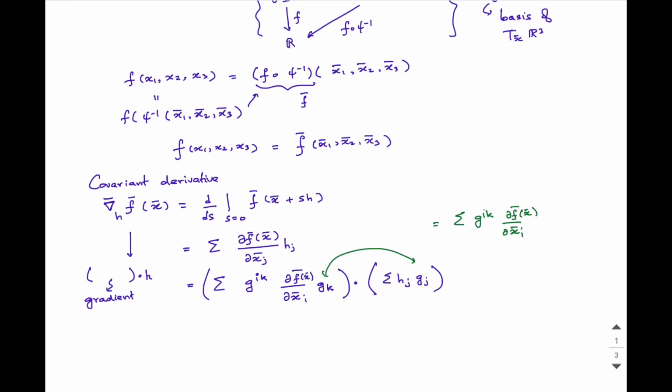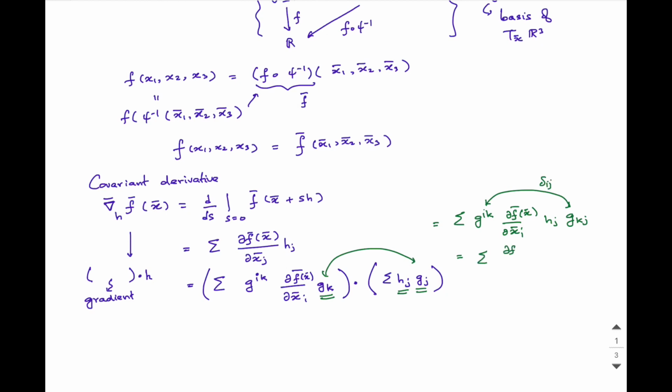So it's going to be times hj, this is the quantity over here, times gk dot gj. So it's gk dot gj, which is nothing but g_kj. But g superscript ik times g subscript kj is nothing but delta ij. So you immediately get this expression.